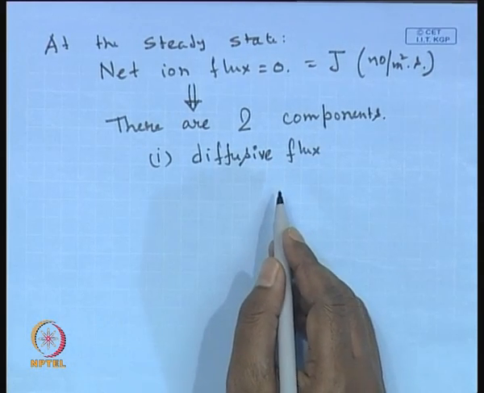Diffusive flux is basically that which will arise because of the concentration gradient of the ions between two locations. Okay. So, the ions will move from location 1 to location 2 because of the presence of a concentration gradient, and that occurs because of the diffusive flux. So, this is due to concentration gradient.